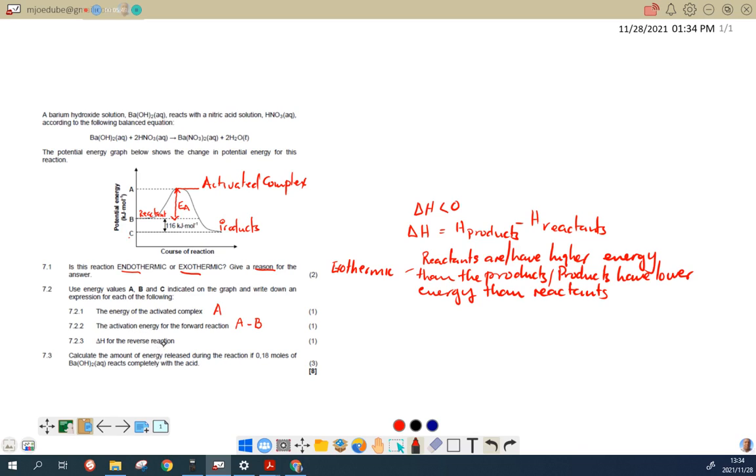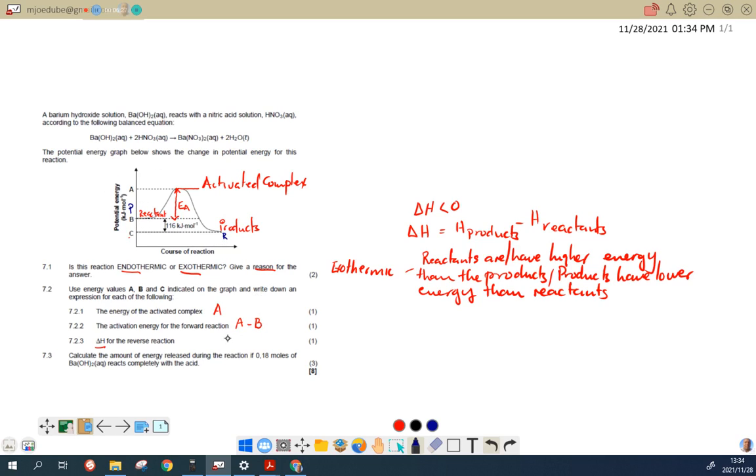And then delta H for the reverse reaction. So what is the reverse reaction? The reverse reaction will be starting from the products, going back to the reactants. So when we calculate delta H for the reverse reaction, the reactants, which are initially the reactants, will end up being the product. So you end up saying the product minus the reactants in the reverse reaction.